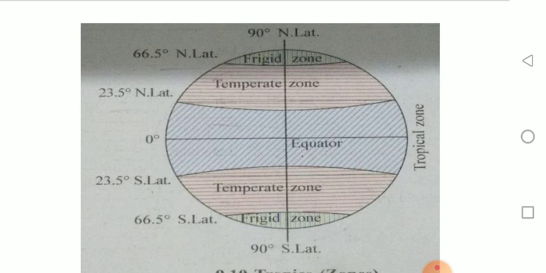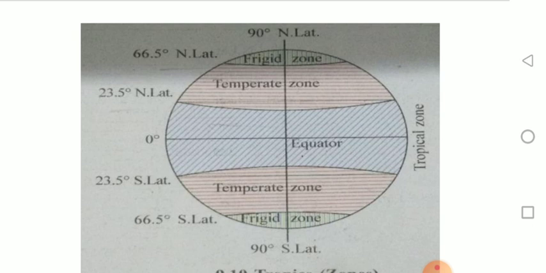The 23.5 degree north latitude is known as the temperate zone because more sun rays fall here than in the freeze zone. Then the 0 degree equator, where the most sun rays fall.